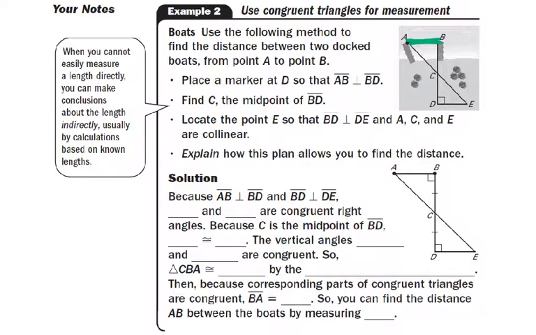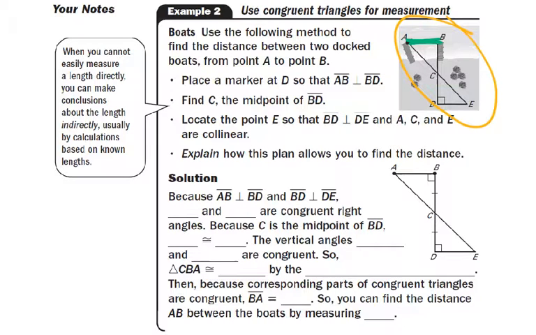We can't just measure across the water if it's too wide, but we can set up two congruent triangles on the dry land here. And this is how things got measured before we had stuff like laser rangefinders and all that. I'll give you some better examples in class tomorrow, but let's go over this one right now.